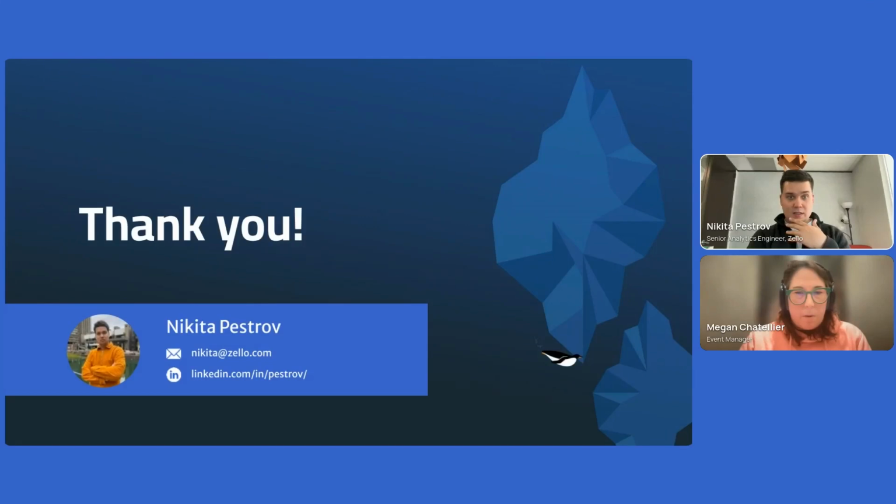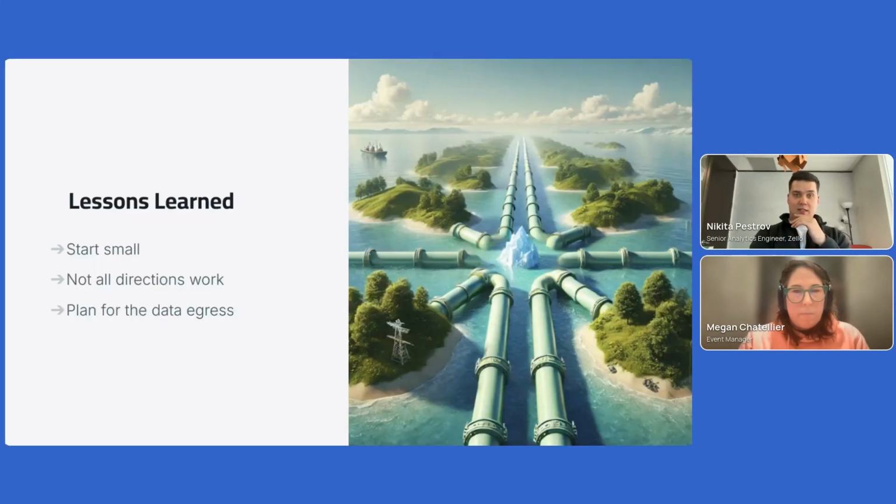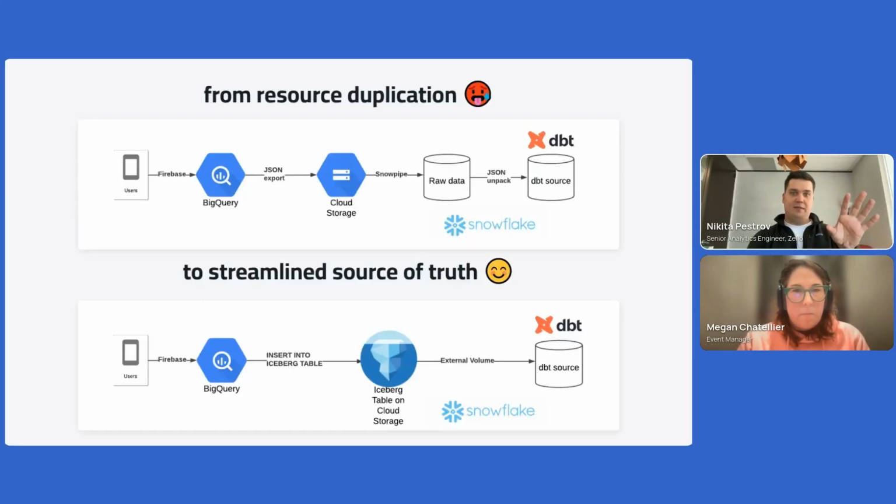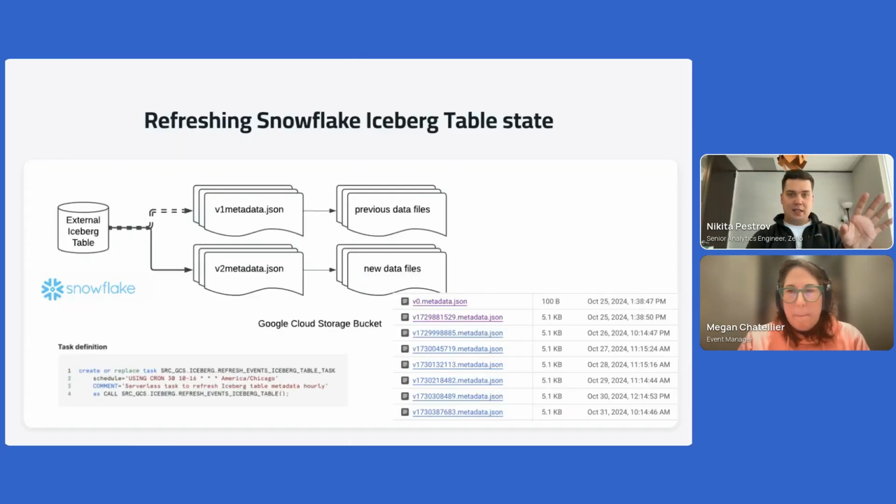Yeah, that's a good question. Let me bring back the slide maybe to show some of that. So as I said, there is a good and bad of that. The good is that you can actually see a lot of how your data is stored with Iceberg tables.